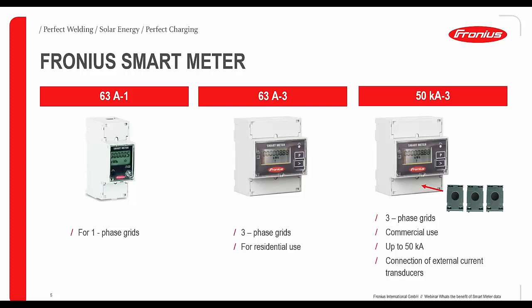For retrofitting or for even bigger systems up to 50 kA, there is on the right-hand side the available 50 kA. Three phases can be used at the maximum. Also fewer is possible, by just connecting these external current transducers. These are the three gray ones here, down here with the arrow. They are connected on the bottom terminals as well, and have the advantage that you don't have to touch the installation.